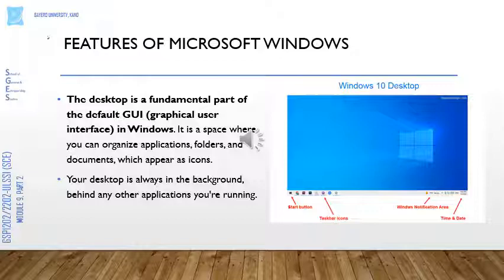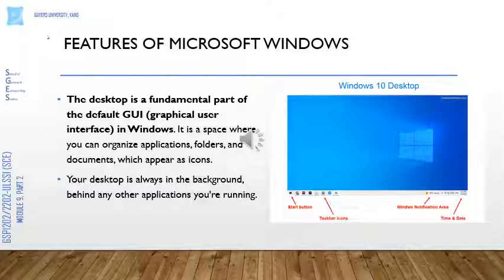Today, the Windows operating system is a go-to choice for most personal users and organizations. This is because it is easy to use and has lots of inbuilt features. For the features today, we'll be talking about first the desktop.